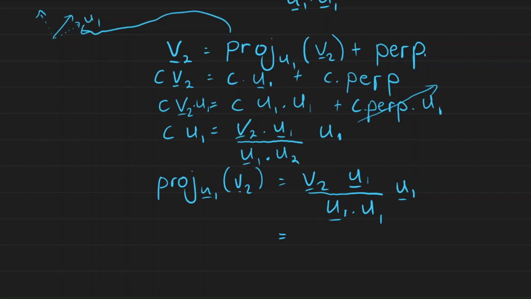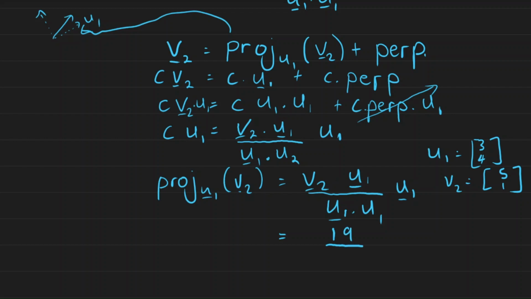So I just applied this formula, so we can remember what v2 and u1 are equal to. Just remember that u1 was equal to v1, which is equal to 3, 4, and v2 was equal to 5 and 1. So v2 dot u1 is going to be 5 times 3, which is 15, plus 4 times 1, which is 4. So it's going to be 15 plus 4, which is 19. So I have 19 in the numerator.